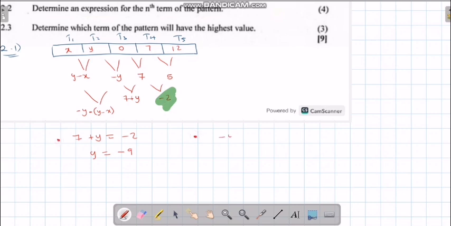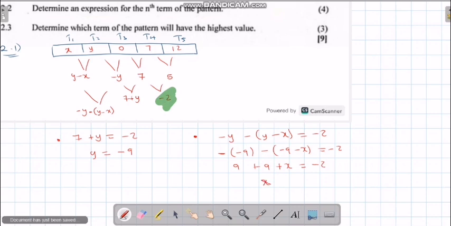The second one, this minus y into y minus x must be equal to what? Negative 2 again. Then we already know that our y is negative 9, minus x, which is equal to negative 2. So we'll have positive 9 plus x, which is equal to negative 2.